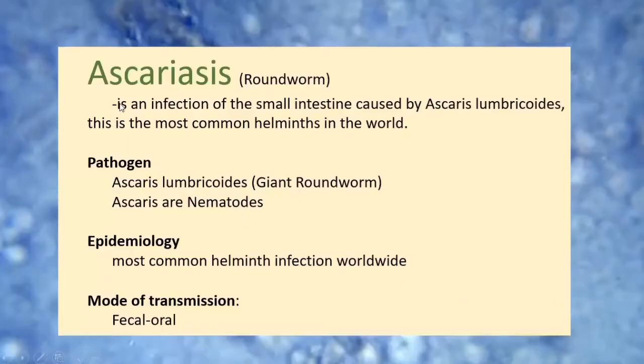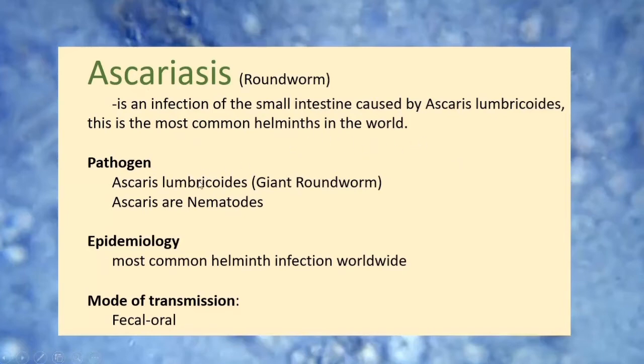So the types of diseases under helminthiasis. The first type is Ascariasis, which is a roundworm infection of the small intestine caused by Ascaris lumbricoides. This is the most common helminth in the world, a species of roundworm.